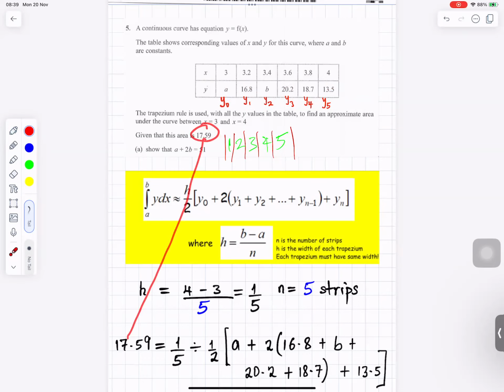So 17.59 is equal to h over 2, where h is 1 over 5, and then they divide by 2, which is 1 over 5 divided by 2. Let me make sure I've written it correctly. So 1 over 5 divided by 2, not divided by half.